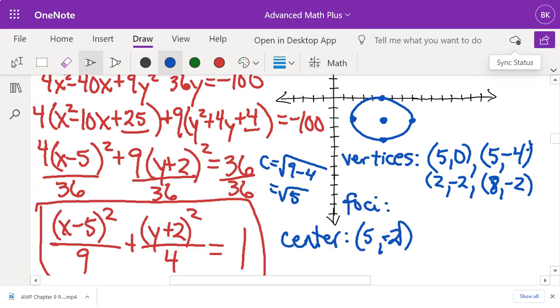The x, because the x was the wider one. Everybody understanding that? So, the x part of my center was 5, so I say 5 plus or minus the square root of 5, comma, negative 2. And we are done.